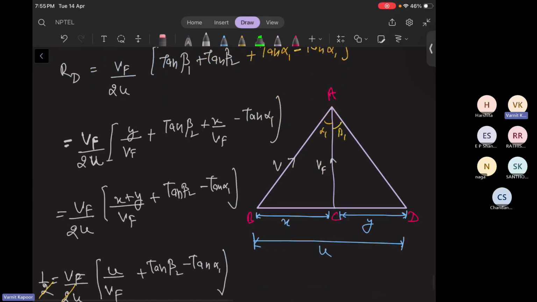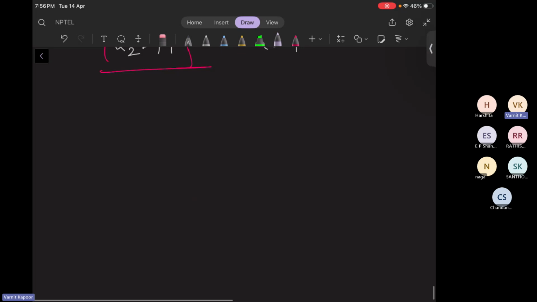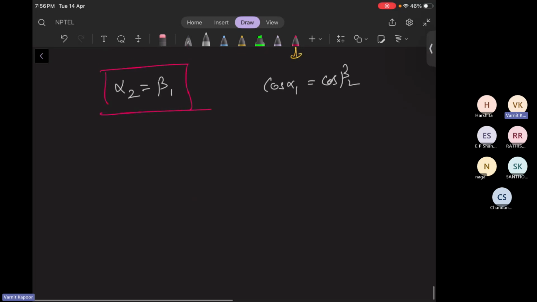If you see from the diagram, it is Vf by V1. And cos of beta 2 is Vf2 by Vr2. So this is Vf by Vr2. Okay. I can write it as Vf by V1 is equal to Vf2 by Vr2.